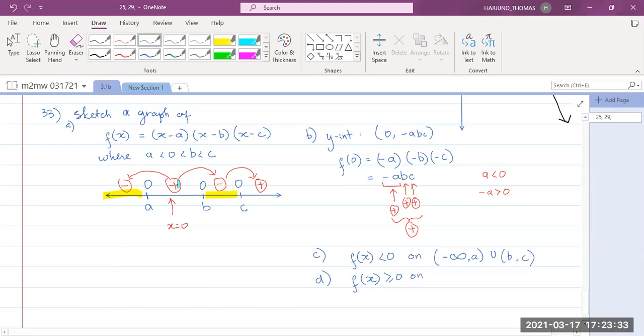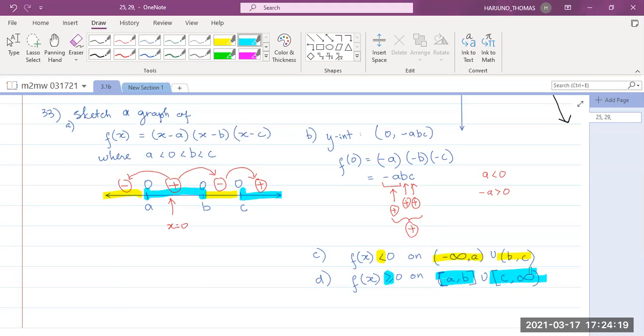It's greater than or equal to 0, including the endpoints. Okay, that's for less than 0, and this is for greater than or equal to 0. We have from a to b, including the endpoints, union c to infinity. Including the endpoints because we have f(x) greater than or equal to 0.